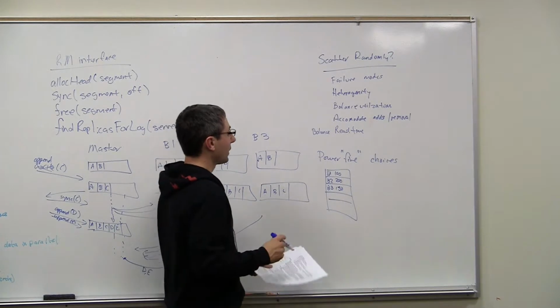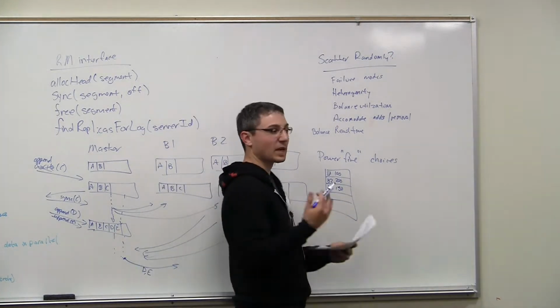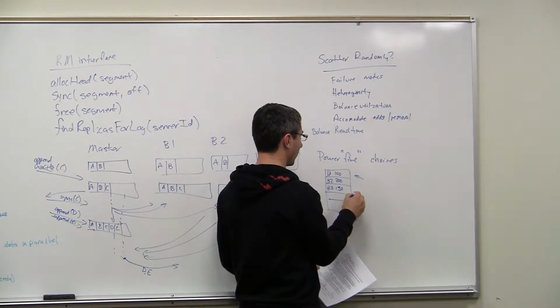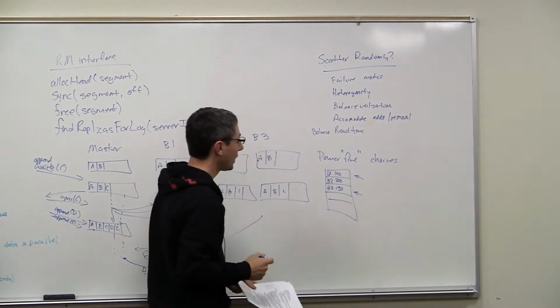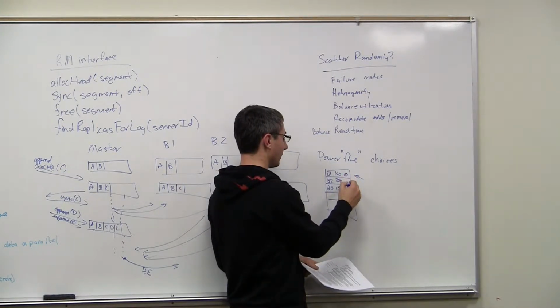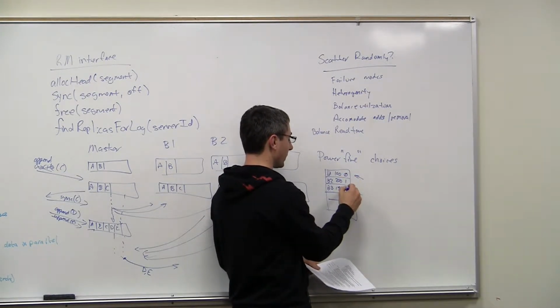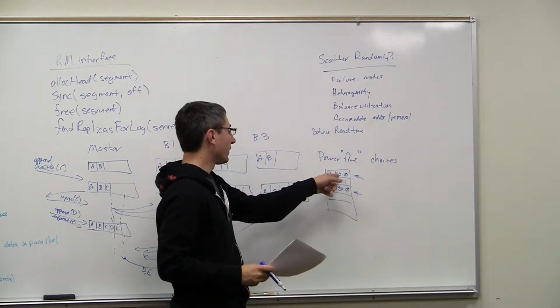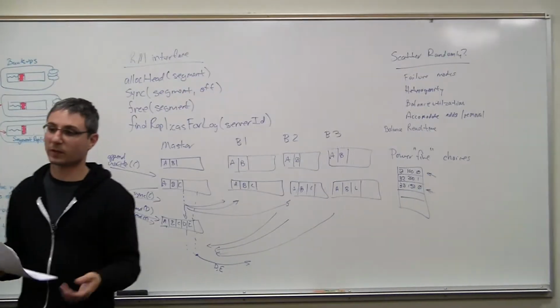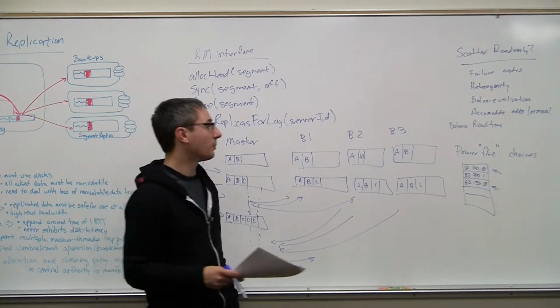So when it's time to place a new replica in the cluster, we choose 5 candidates at uniform random from across the cluster. Here I'll just do 2. The master is keeping track of how many replicas it has already placed on each of these backups. Multiplying this number by that number, it can estimate how many seconds each of these disks is going to take to read its data during recovery.